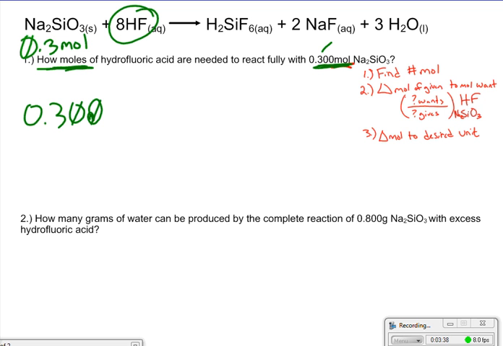0.300 moles of sodium silicate. Those other zeros are unnecessary for right now.